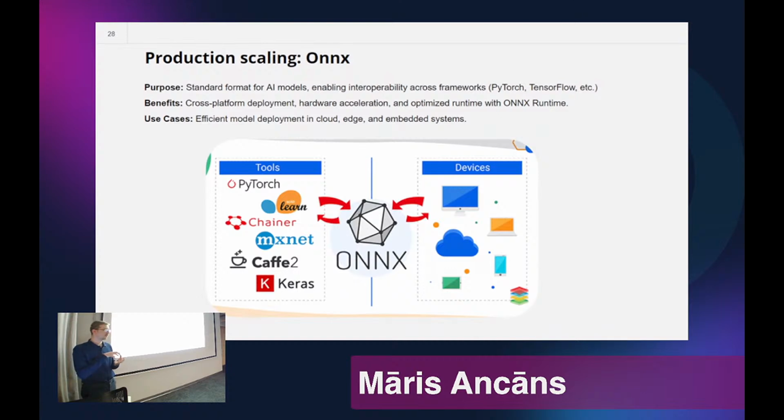You can convert to this format from multiple frameworks, and there's also this thing, Onyx runtime, which is also faster and more optimized than the PyTorch runtime. The conversion should mostly work, but if you're dealing with more complex models, which have more complex architecture and newer layers from PyTorch, it might give you a hard time though.